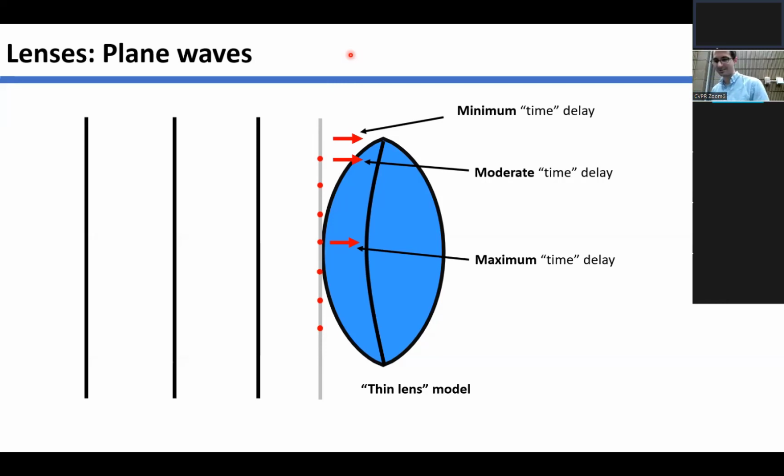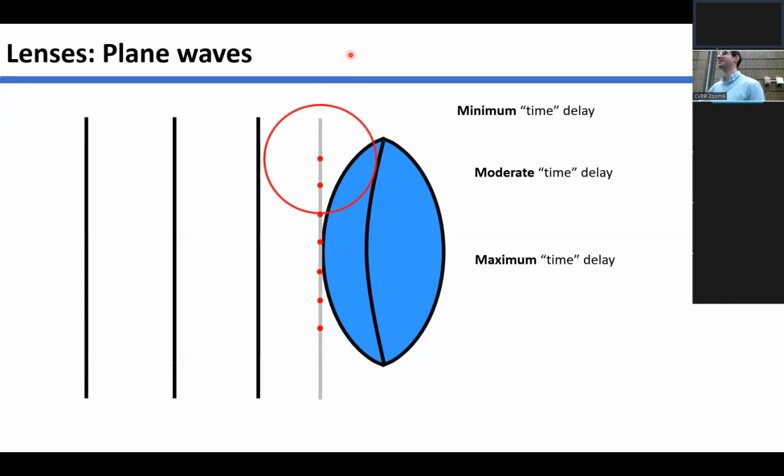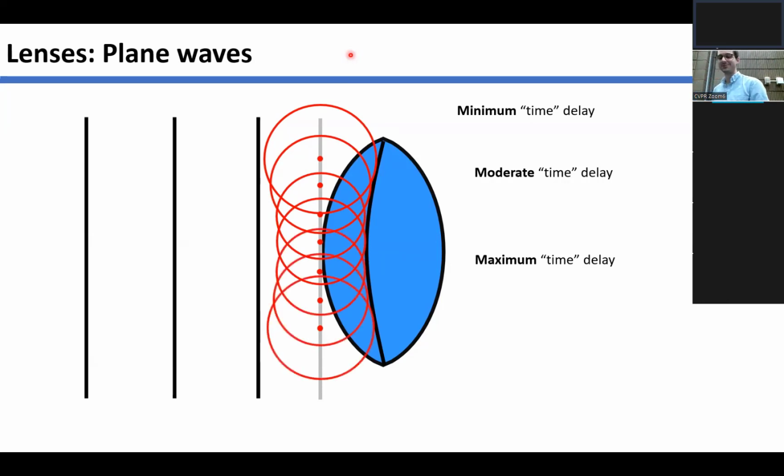So what does that translate into for my Huygens-Fresnel principle? Basically, this particular point will get a big circle. This point will get a slightly smaller circle. That one will pass through the thickest section of the lens, so that will get the smallest circle. And then they'll start to increase towards the end.